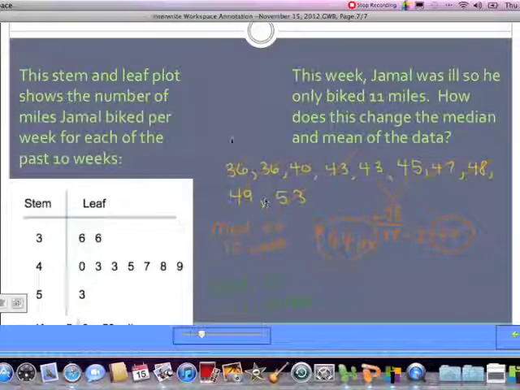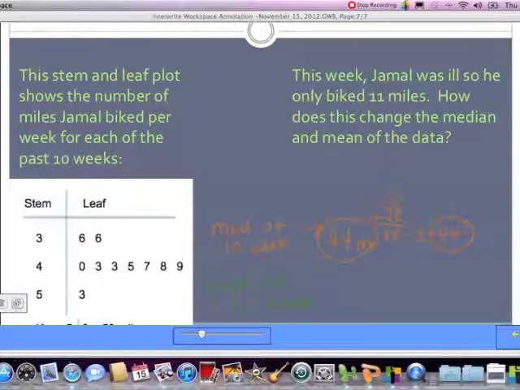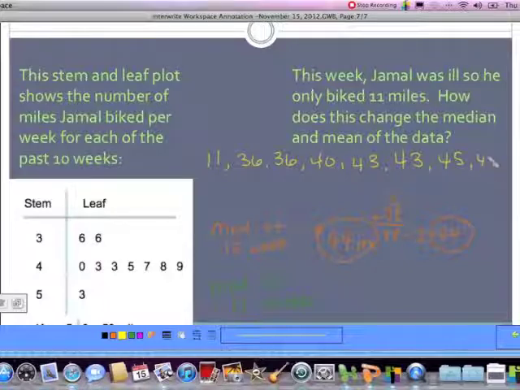Just the same, I am going to erase and rewrite my data with the 11 included. So 11, and then I'll rewrite the rest of the 10 weeks: 36, 36, 40, 43, 43, 45, 47, 48, 49, 53.